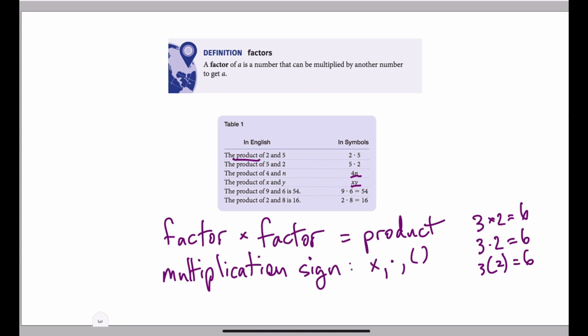And just like in addition and subtraction, here it shows you where the multiplication sign is, and the numbers go on either side of it. The product tells you that we're multiplying. So if you see product or you see factor, you know we're multiplying, or it's somehow related to multiplication.